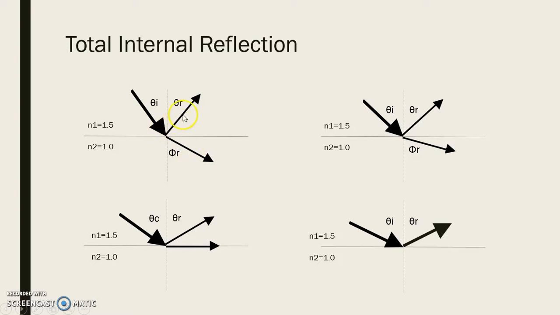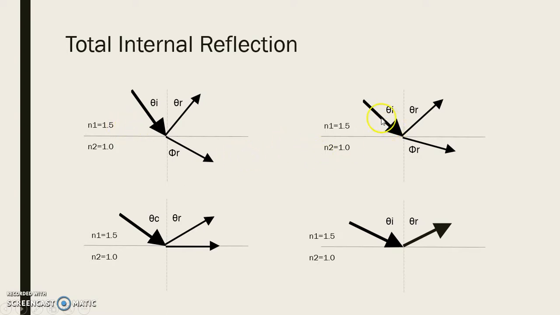The reflected ray goes inside the medium, the refracted ray is outside the medium. The boundary separates two media, where the first medium has a refractive index of 1.5 and the second one has 1.0. The second one is called a rarer medium, the first one is called a denser medium.